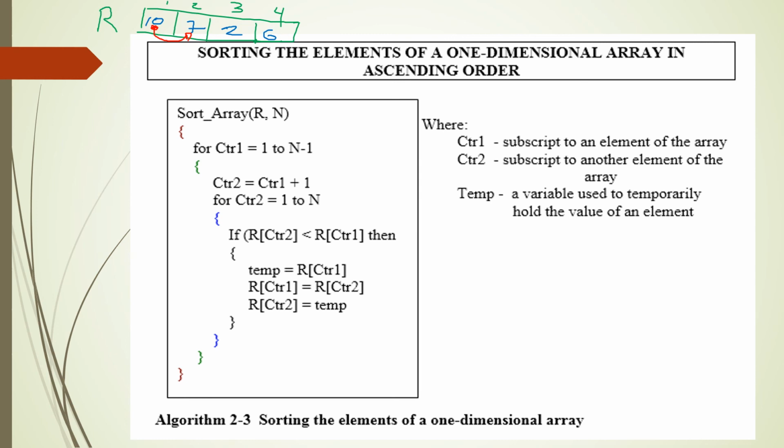The first element will be the one to be tested or compared with the second element as well as the third element up to the last element. Before going to the second element, it will test the third element and then test the fourth element. And then lastly, the third and the fourth element will be tested.